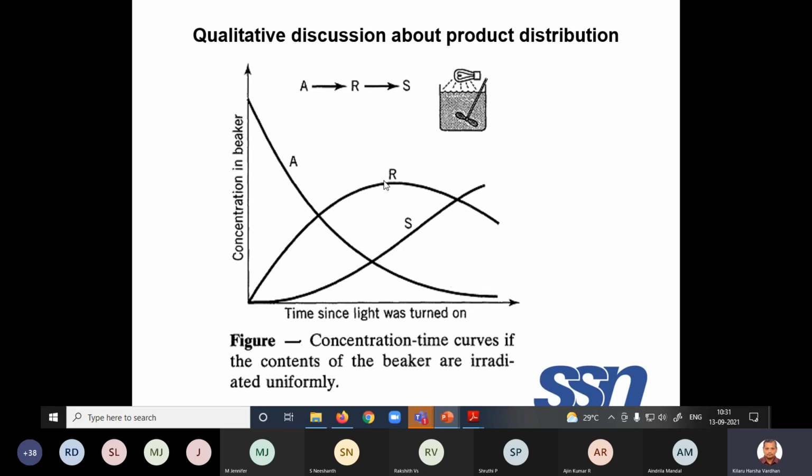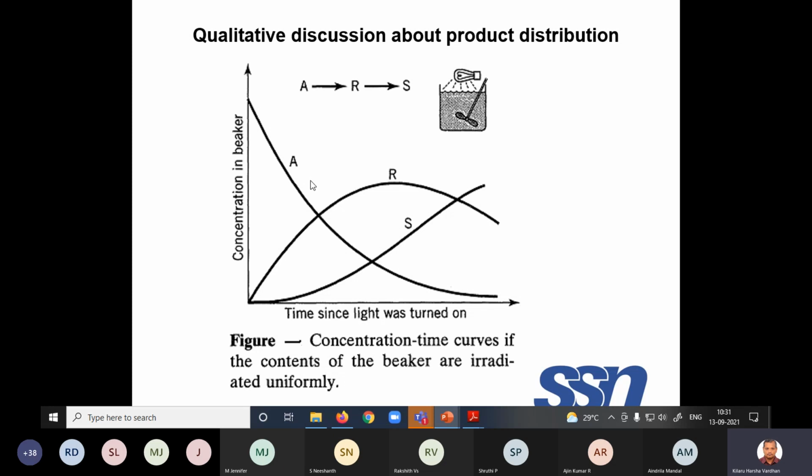You know that R will have a maximum value, and then the net formation of R will decrease, because R forms and then S is formed from it. That is why it comes down. And the concentration of S goes on increasing.